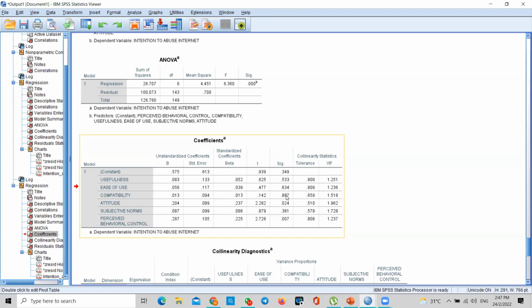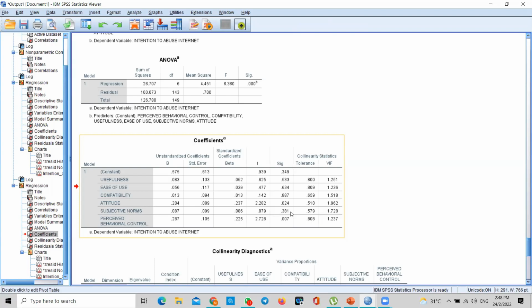So let me just tell you, for example, this one, subjective norm, is 0.381. But say, for example, it was 0.081. Since out of 6 we got only 2 significant, if I can make one more significant, it would be good, right?